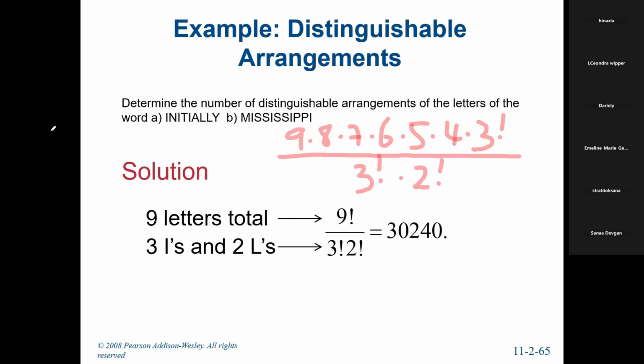Then times 2 factorial. And then you multiply the tops. That will give you a number I do not know.